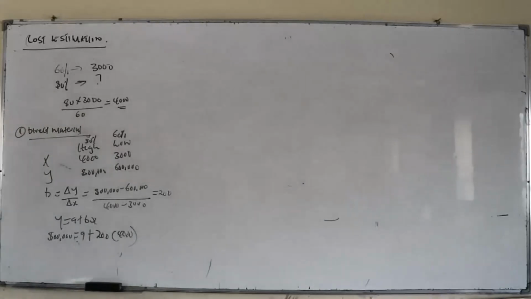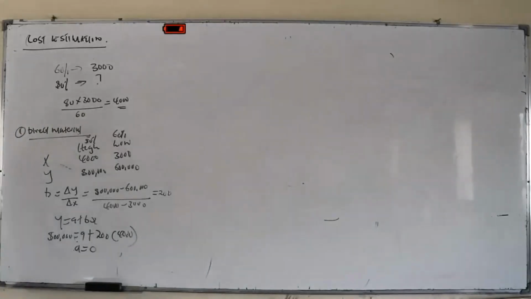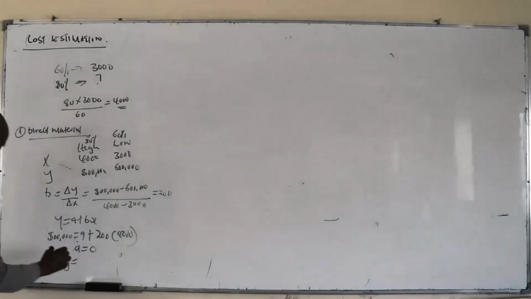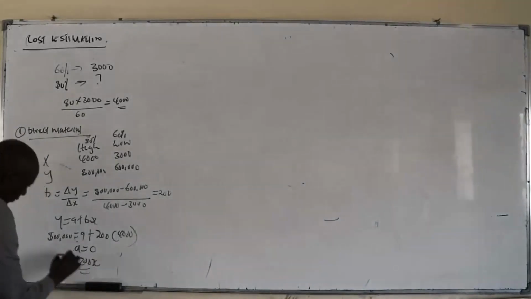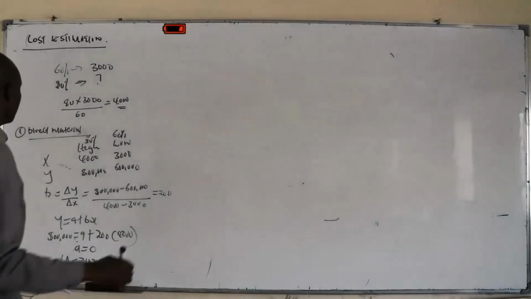So 200 times 4,000 is 800,000. So A is equal to 0. So the estimation equation is Y is equal to 200X. In other words, we don't have a fixed element on the direct materials. So that is number one.